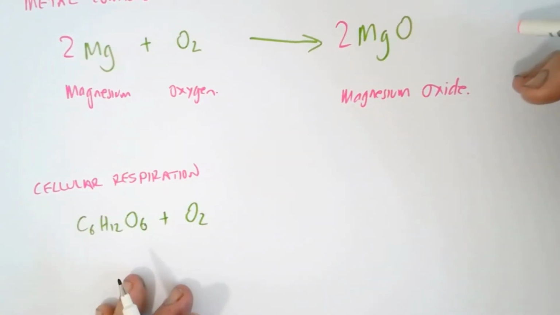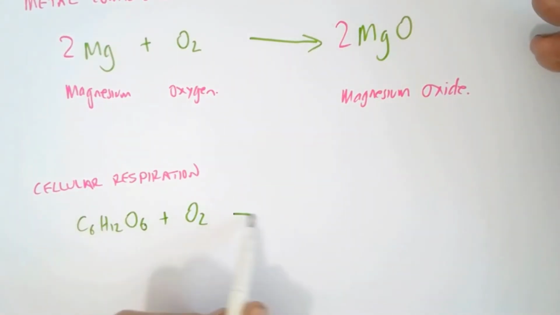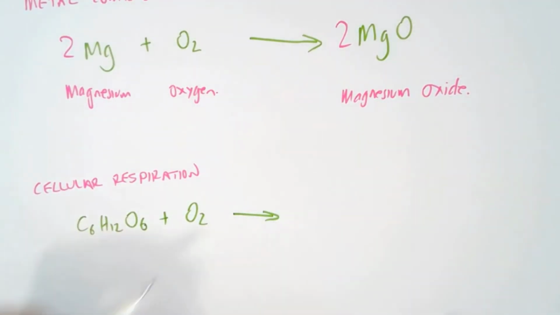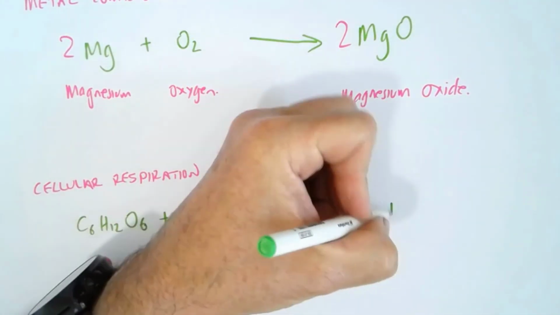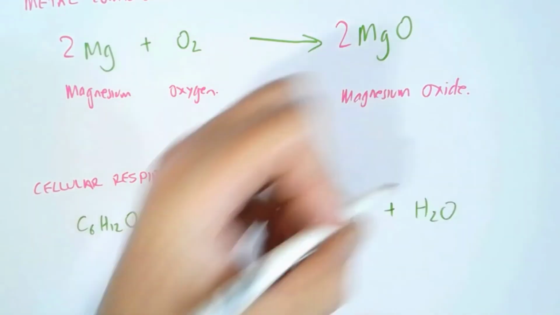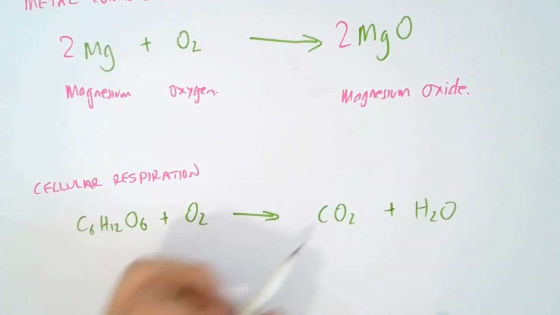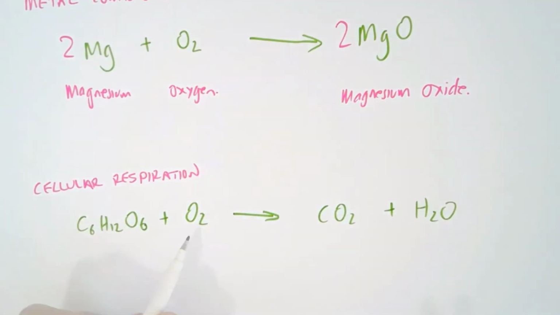It's the combustion of glucose in the presence of oxygen to produce the same 2 products of complete combustion, CO2 plus H2O. This is the carbon dioxide that we breathe out. This is the oxygen that we breathe in. Of course, the other thing that gets produced is energy, a large amount of energy that's used for all of our processes in the body.